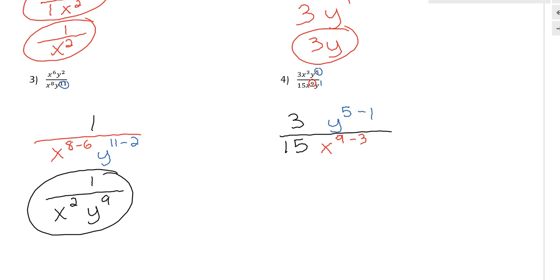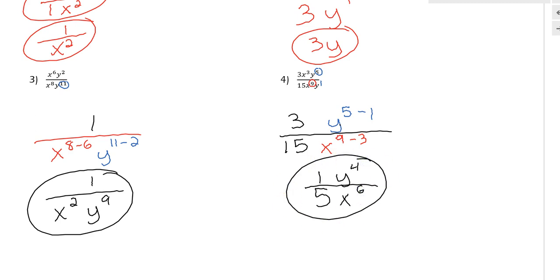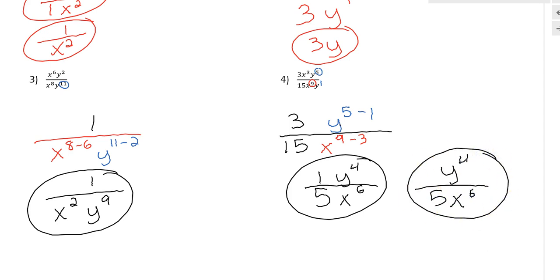And so don't forget your 1 exponents. So 3 over 15 is 1 over 5. y to the 5 minus 1 is y to the 4th. Sorry, 9 minus 3 is 6. Okay. I can also just write this as y to the 4th over 5x to the 6th. Remember, you don't need coefficients or exponents of 1.